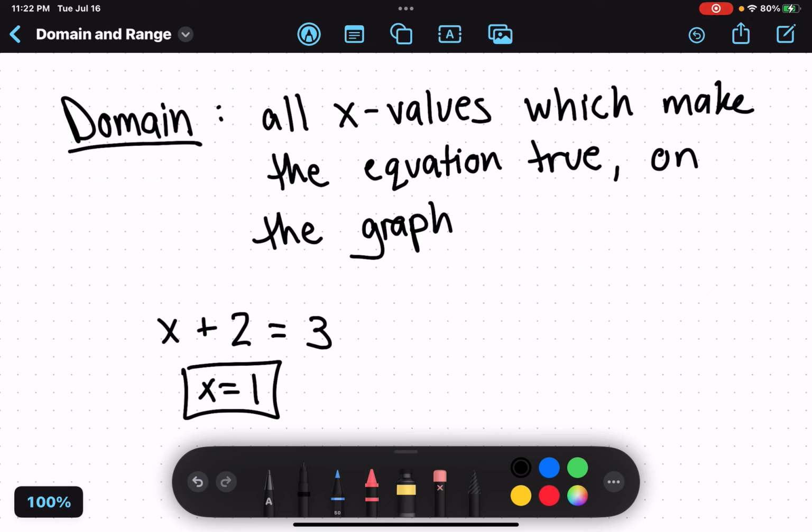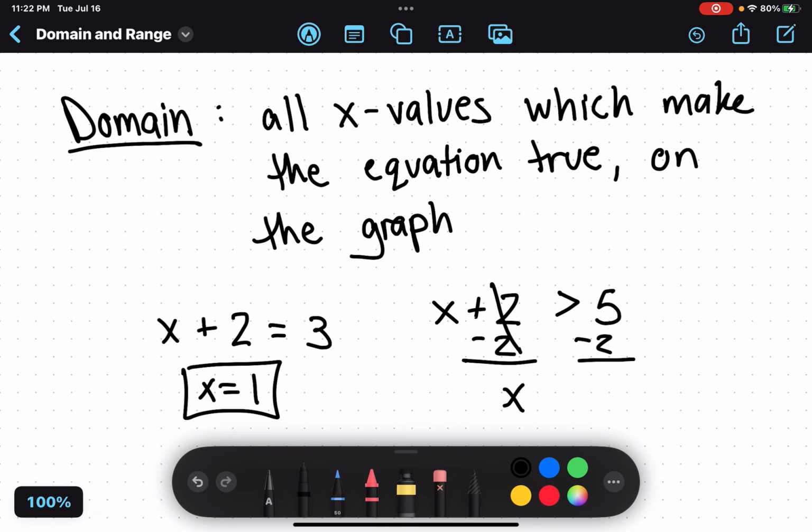But let's say we had x plus 2 has to be greater than 5. We would have to find all the values that make this true. So, to solve that, we cancel out 2 by subtracting it on both sides. 2 minus 2 is 0, right?